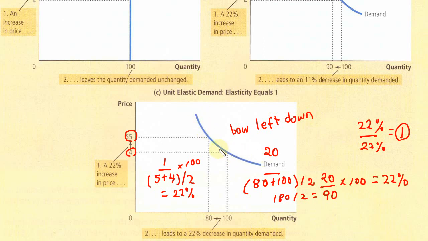The frontier is facing left down, right? In this case, elasticity is equal to 1.